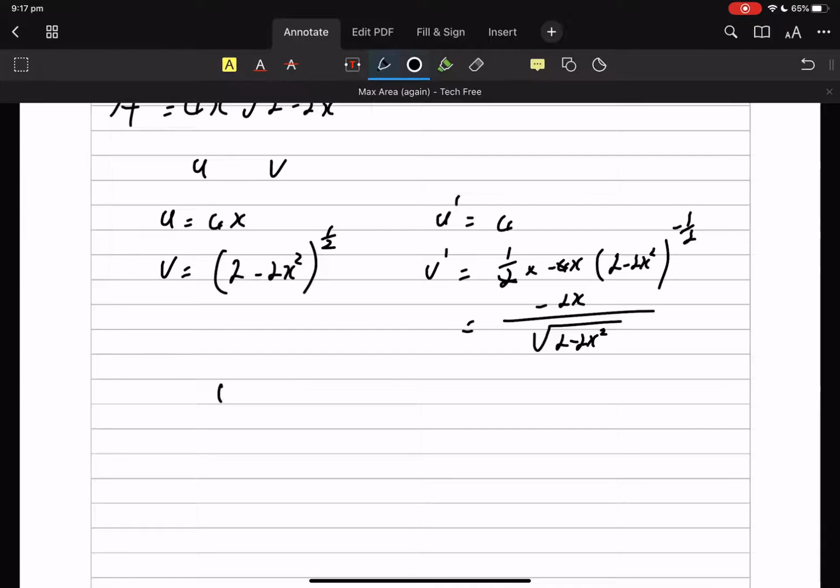Okay, so it's going to be vu dash plus uv dash.